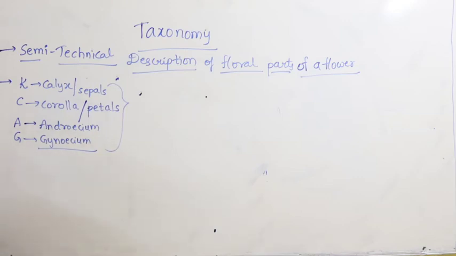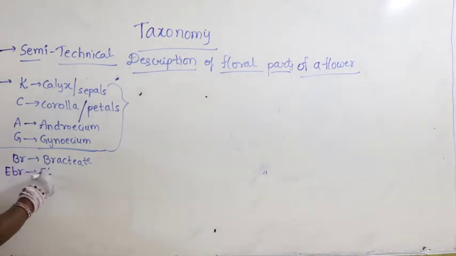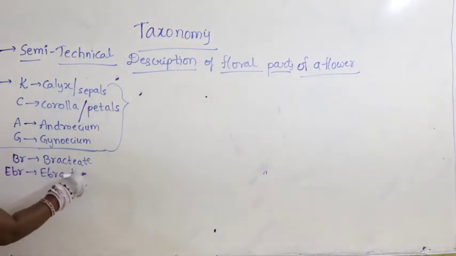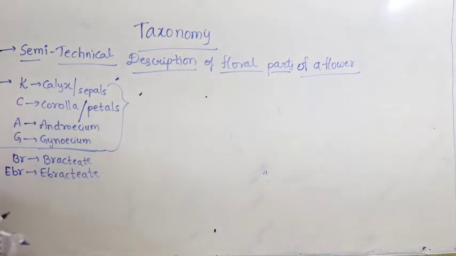So apart from this, most commonly what we make use of, as I told you, BR means bracteate condition. Other conditions means vegetative characters or morphological characters, whatever we discuss. BR means bracteate, that is flower with bract.